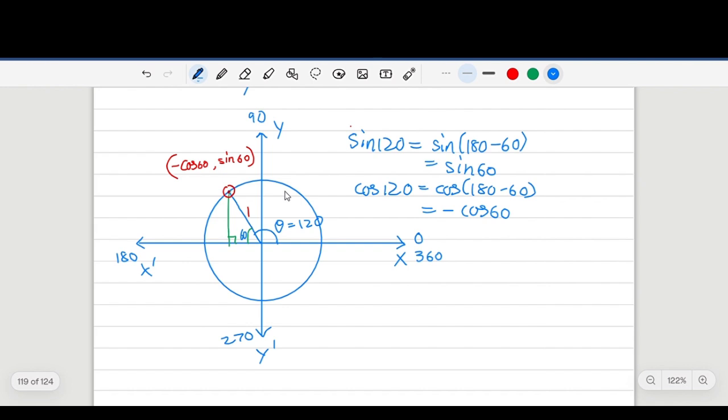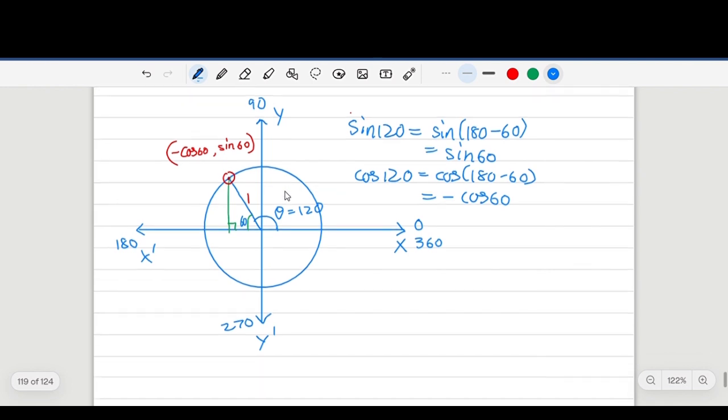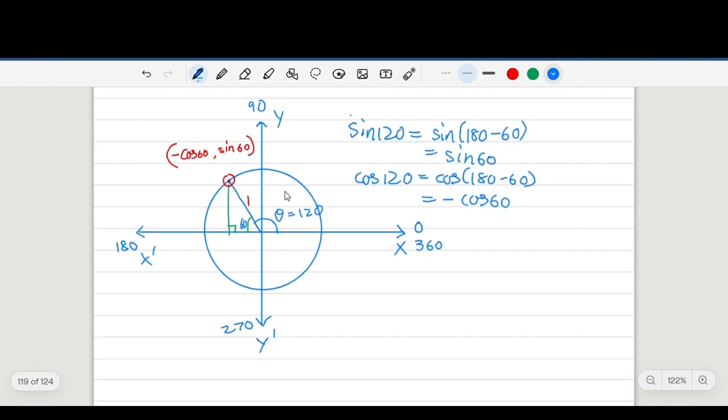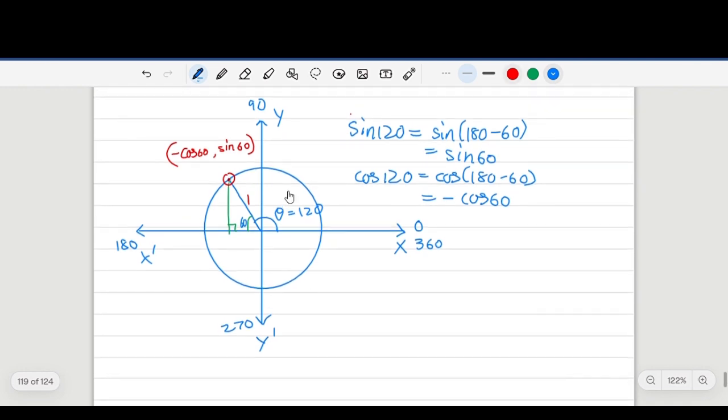Alright, I hope this makes sense to everyone. I'm going to simplify this for any angle in any quadrant. How do we do that? In the second quadrant, the trigonometric ratio is not changing. So if I'm taking this as theta, this angle I'll take as alpha, just for our convenience. You can take it as any angle, but I prefer alpha.